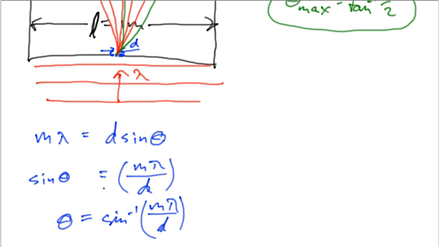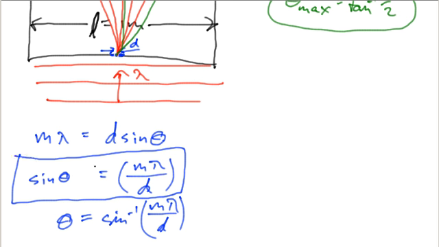So I don't cause an error by trying to take the arc sine of something bigger than 1, I'll calculate the sine of theta for each m until the sine of theta gets to be bigger than the sine of theta max.